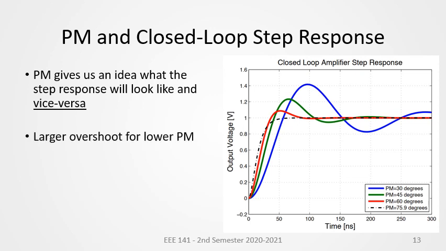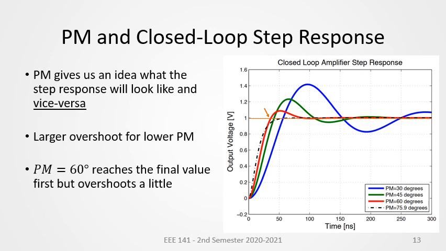We can also see that there is a larger overshoot beyond the normalized target of 1 volt for phase margins smaller than 75.9 degrees. However, note that it is actually the 60-degree phase margin case that was the first to reach the 1 volt final value, although with some ringing and oscillation.